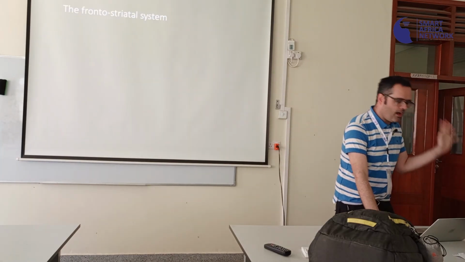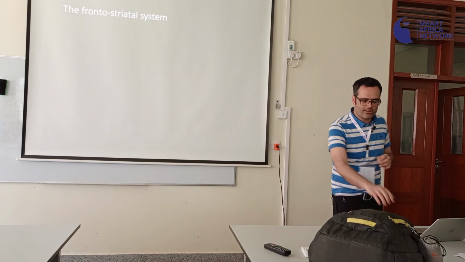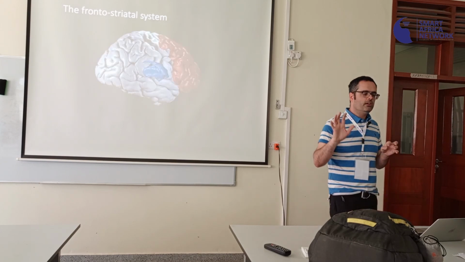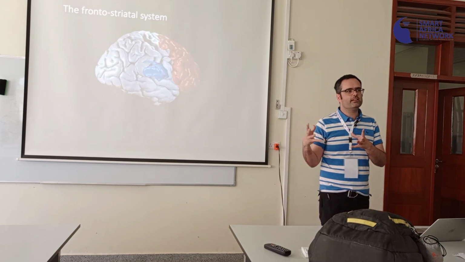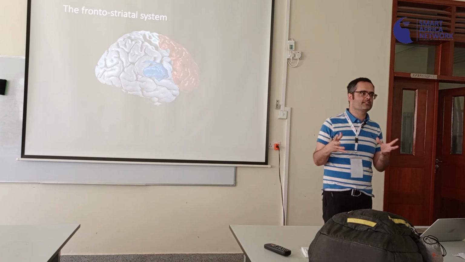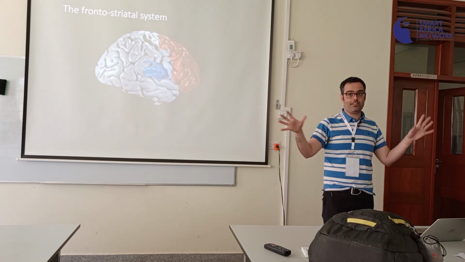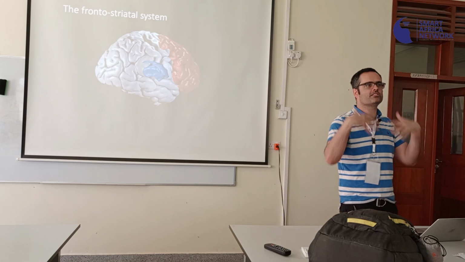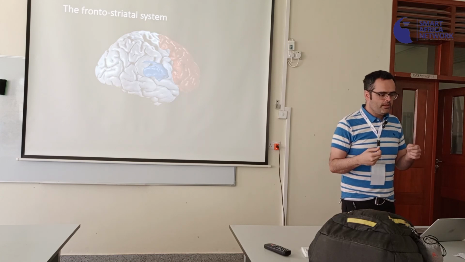To understand how the tasks work, I need to tell you a little bit more about our understanding of how brain function works these days. It's very high level, don't quote me on this, it's just a conceptual understanding.